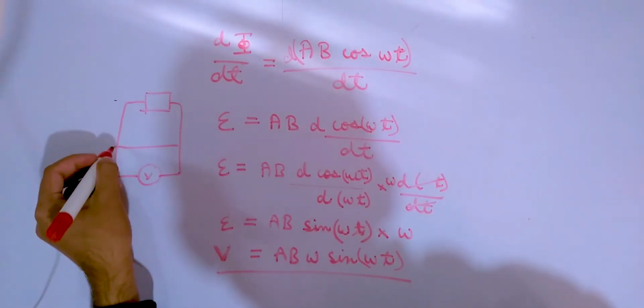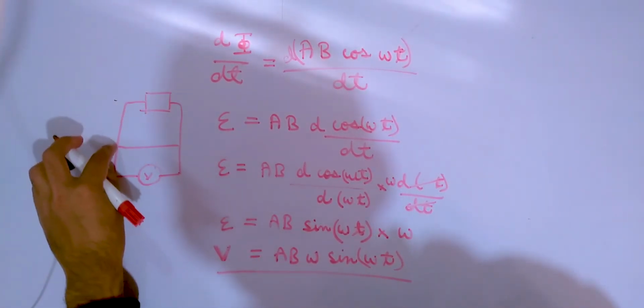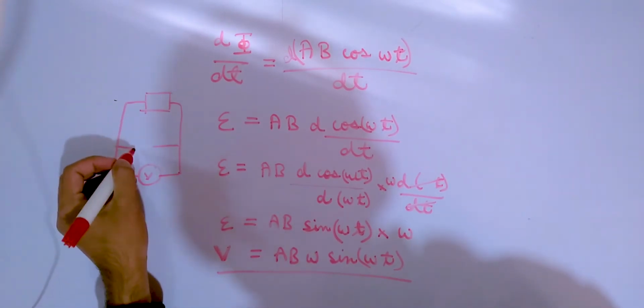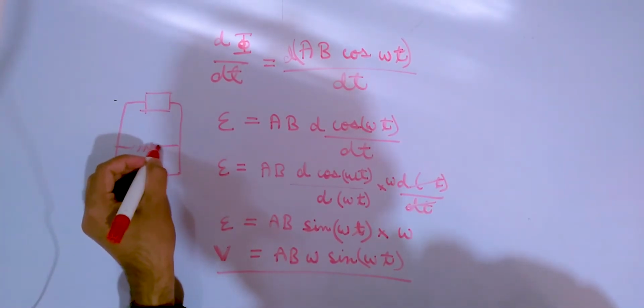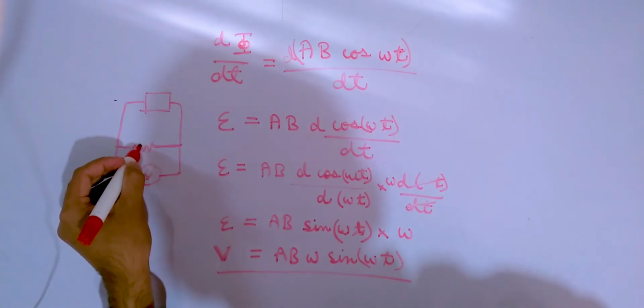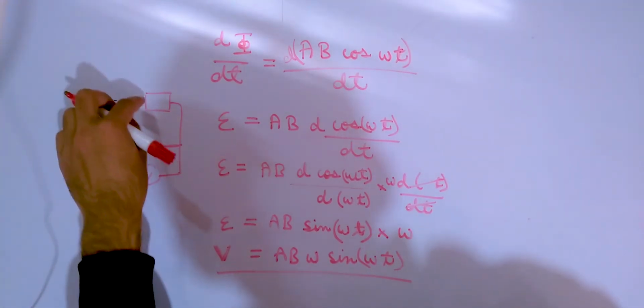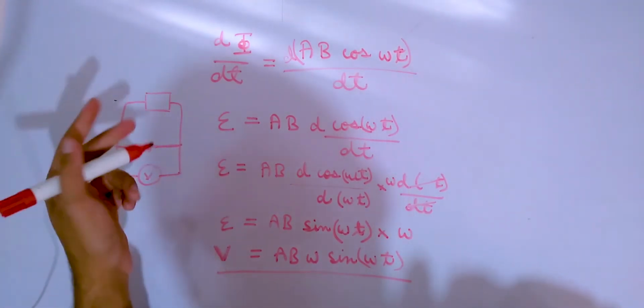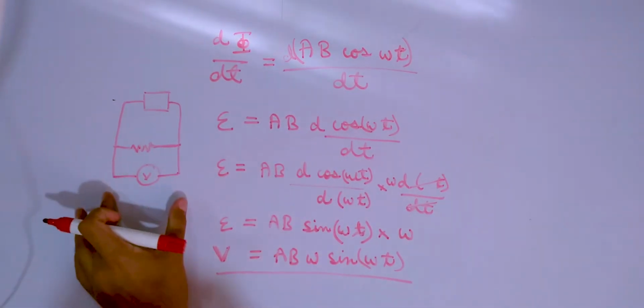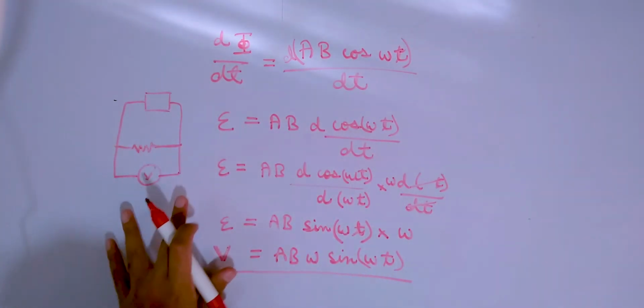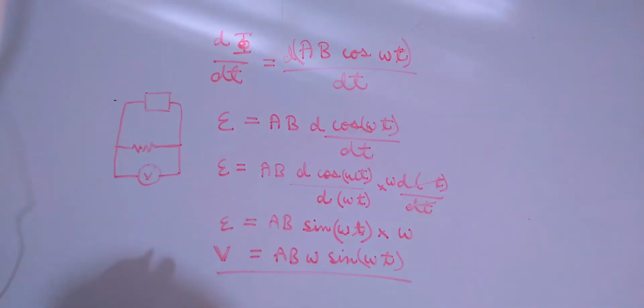I should connect it in parallel. I have some resistance here just not to short circuit the whole thing, so I have an AC generator, a resistor, and a voltmeter connected in parallel to it, because that's the way we connect it.